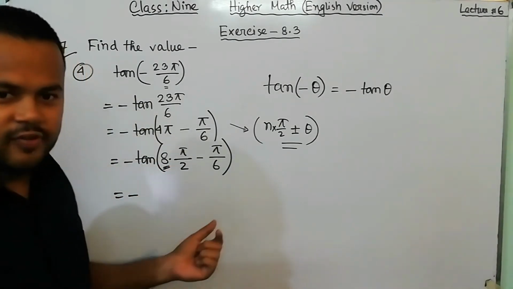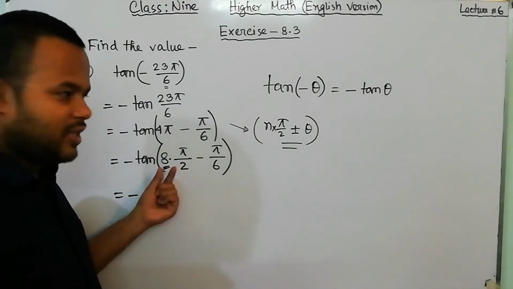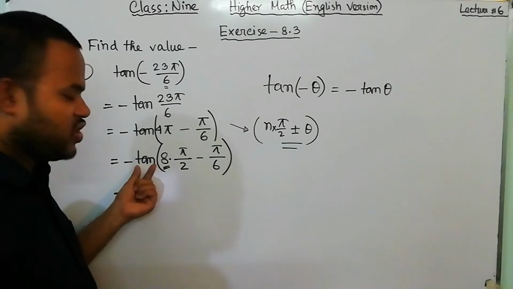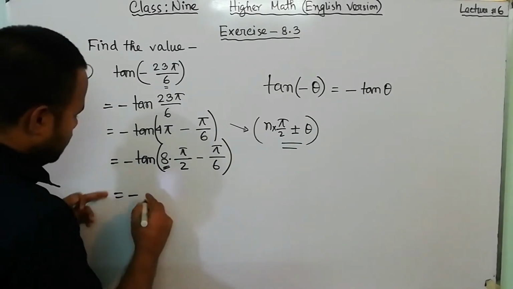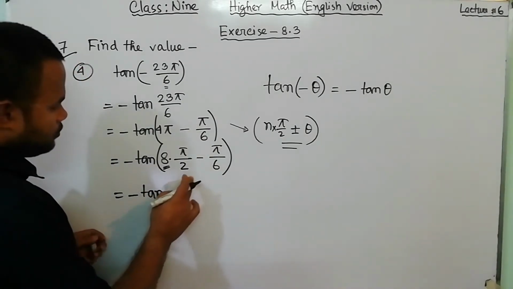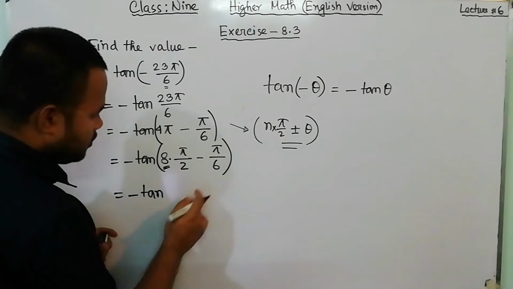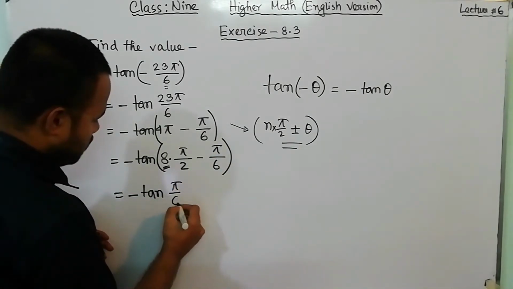This 8 is even. If there is an odd number, then tan will be changed to cot. Okay, now here we have to put tan. Now put the angle theta, that is pi by 6.